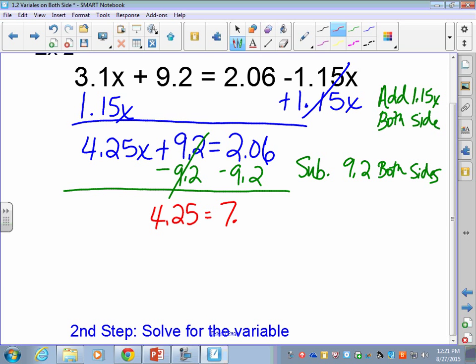Negative 7 point, yeah, 14. There we go, 7.14. Negative? That would be negative 7. Yeah, oh, sorry, I forgot the negative, sorry.